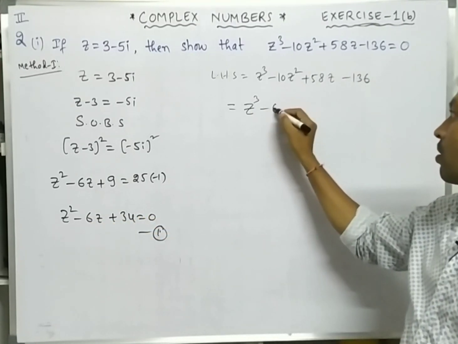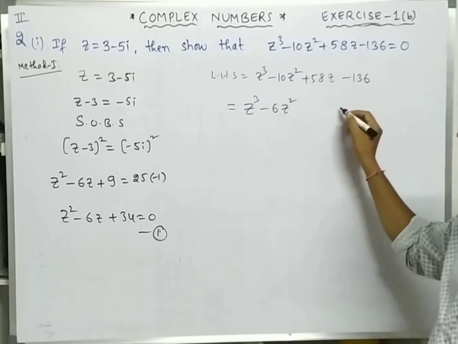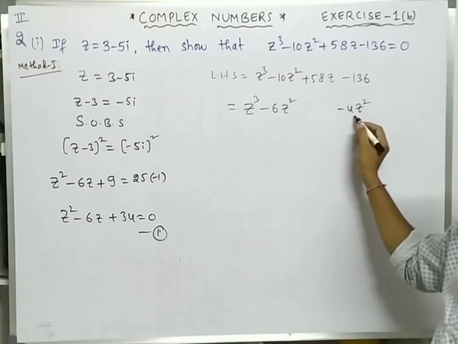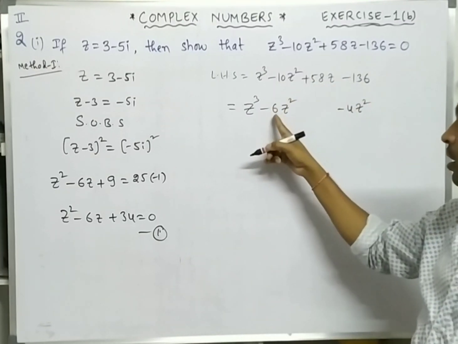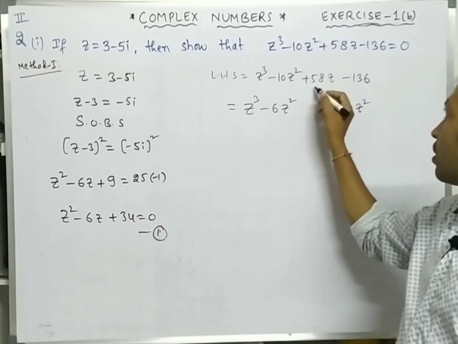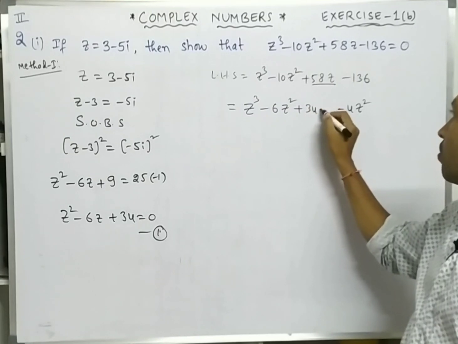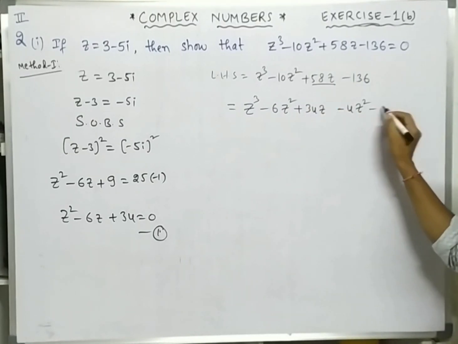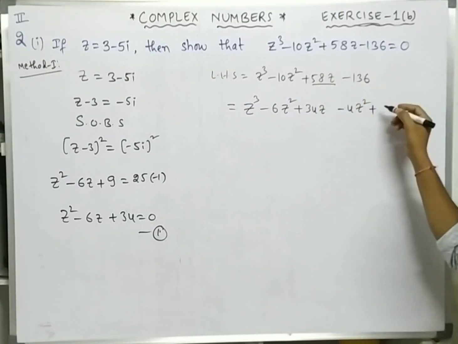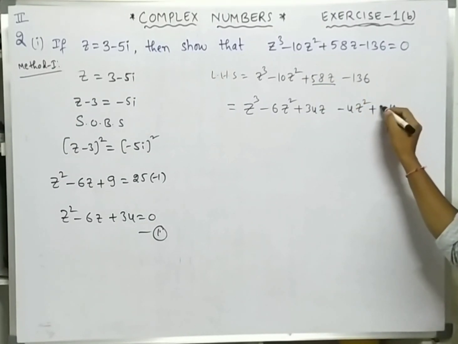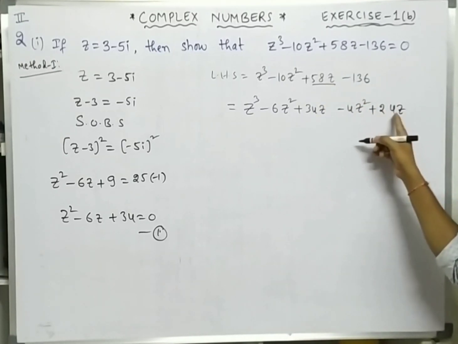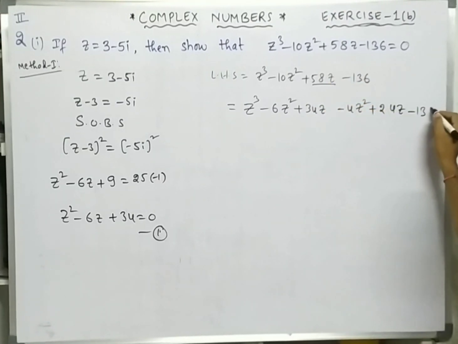Minus 10z square can be written as minus 6z square minus 4z square, which becomes minus 10z square, right? So I am writing the combination like this. Plus we have 34, right? So 58z can be written as 34z plus 24z, 34 plus 24 is 58, right? Minus 136.